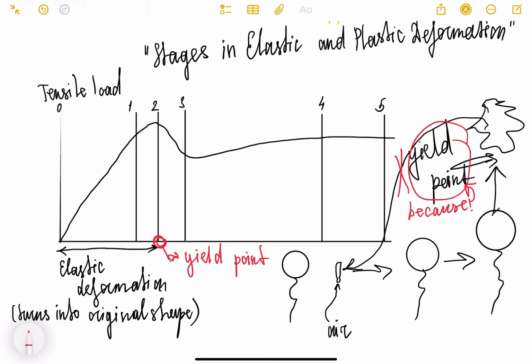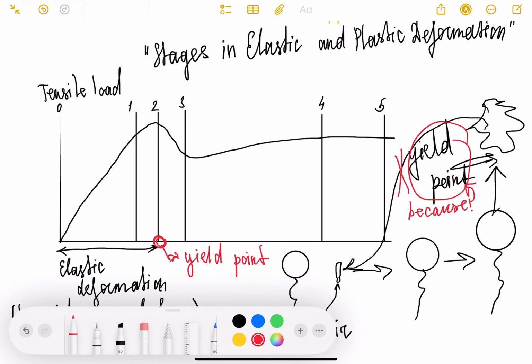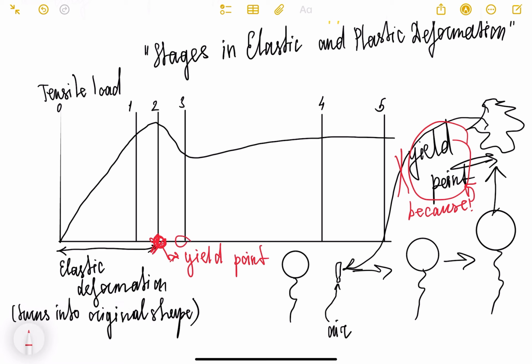Oh, it is said that the yield point happens at point 3, not this. Okay, point 3. The bar reaches its yield point. Once it yields, it continues to increase in length even without a further increase in tension.